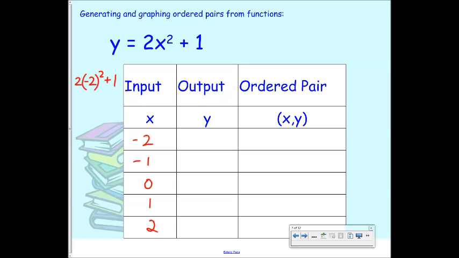So what's (-2) squared? 4. So I'm going to do 2 times 4, which is what? And then plus 1 is 9. So my ordered pair would be (-2, 9). All right, the next one I'm going to do, what's (-1) squared?